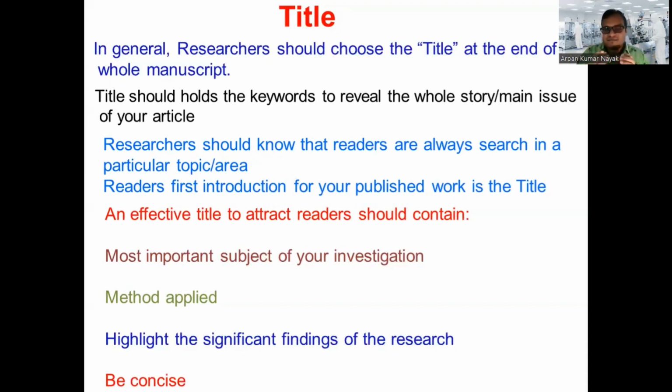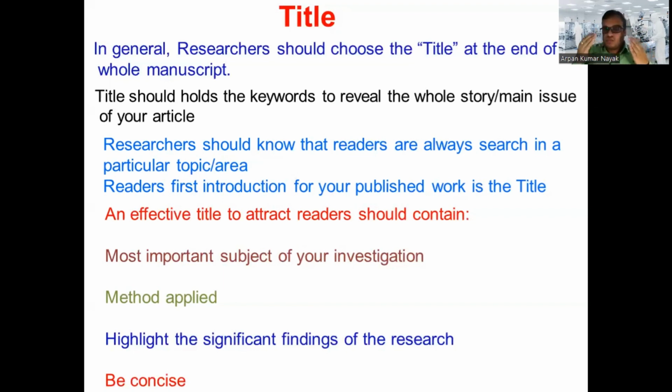So the highlights, the significant finding of your research. So basically these 3 points should be in your title. And next, whenever you make a title, it should be concise. If it is a small title, then it will be good. So the title should be concise.